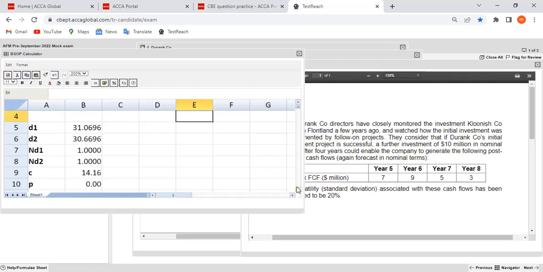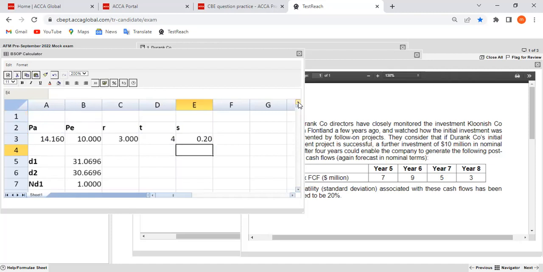See guys now. Guys, still the values are not correct. Anybody? Tell me where we are lacking.